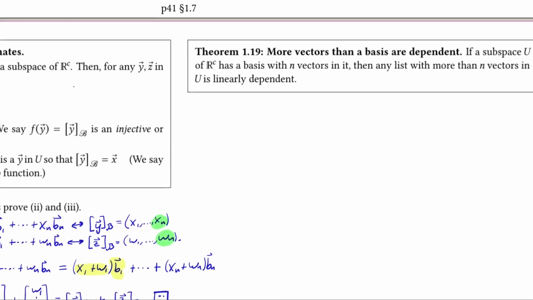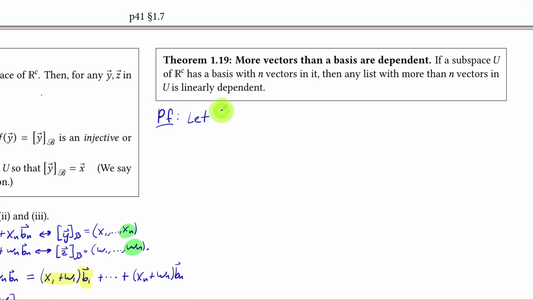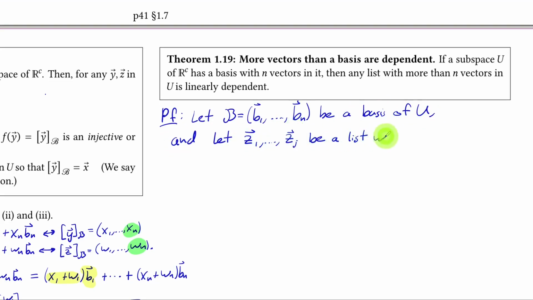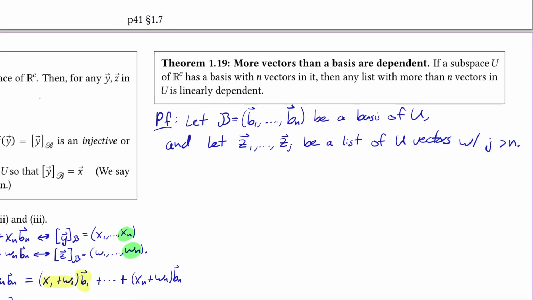So let's write it out. So we're just writing that we're assuming the if part, that we have a subspace U of R^m with a basis of n vectors in it. So here's our n vectors.